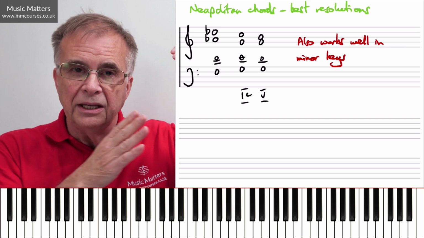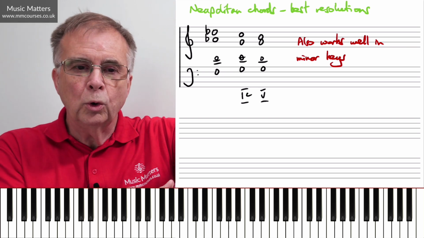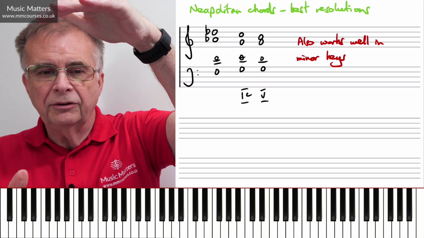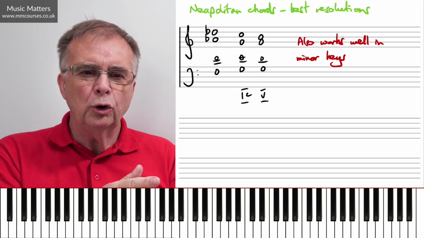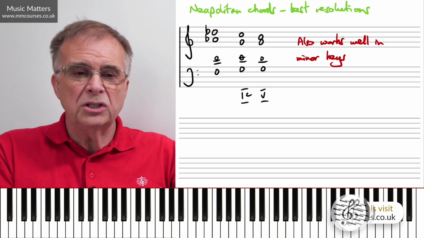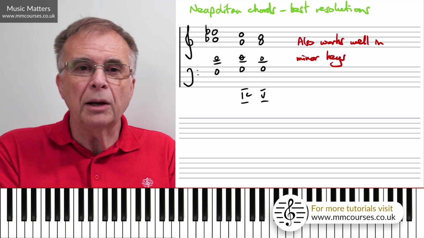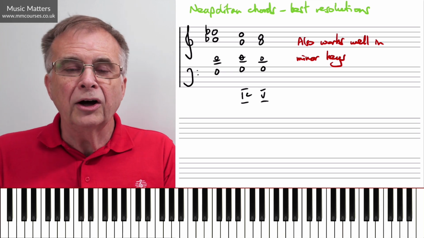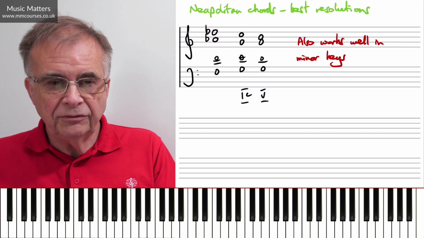That's all fine. But 6 goes to 5, 4 goes to 3, it gives me a chord 1 in second inversion followed by a chord 5. So in other words, even though we've got a chord progression that's 1 in second inversion going to 5, you could argue that the 1 in second inversion really is a kind of double appoggiatura onto the 5, because 4's going to 3, 6 going to 5.